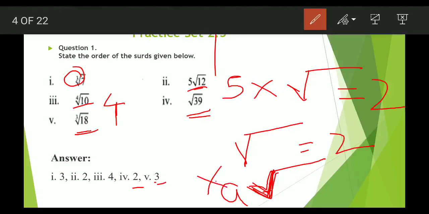If nothing is written, then it is a square root, which means the order is 2. Other than 2, every root, cube root, fourth root, fifth root, will be written inside this root mark. I hope you all have understood.